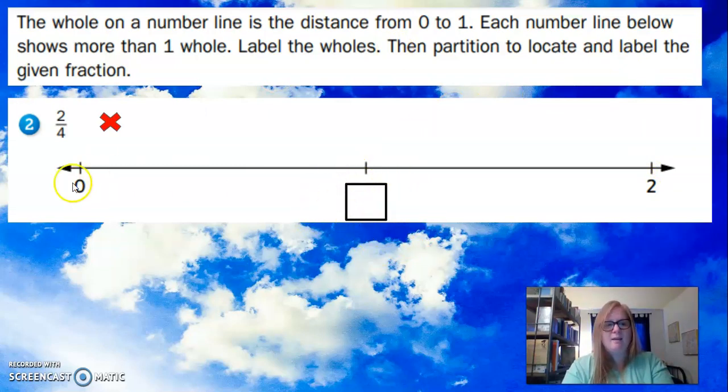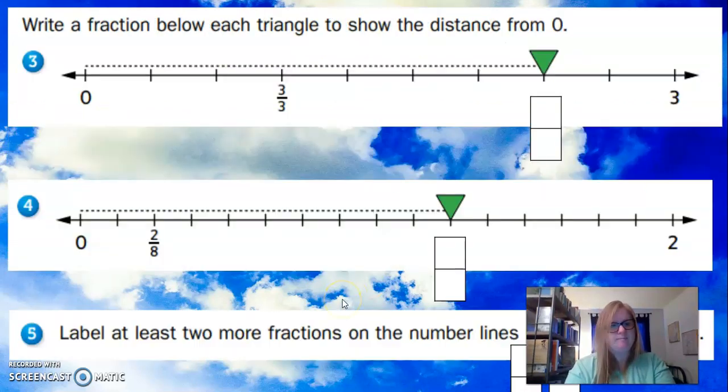And then from 0 to 1, I know that that's my whole, and I'm trying to find out where 2/4 would go. So then I could use my lines to label into 4 different pieces, but what I did was provide you this X to show me where exactly 2/4 is going to go, okay? So you could draw out lines if you like, but I want this X to show me where 2/4 goes on this line, okay?